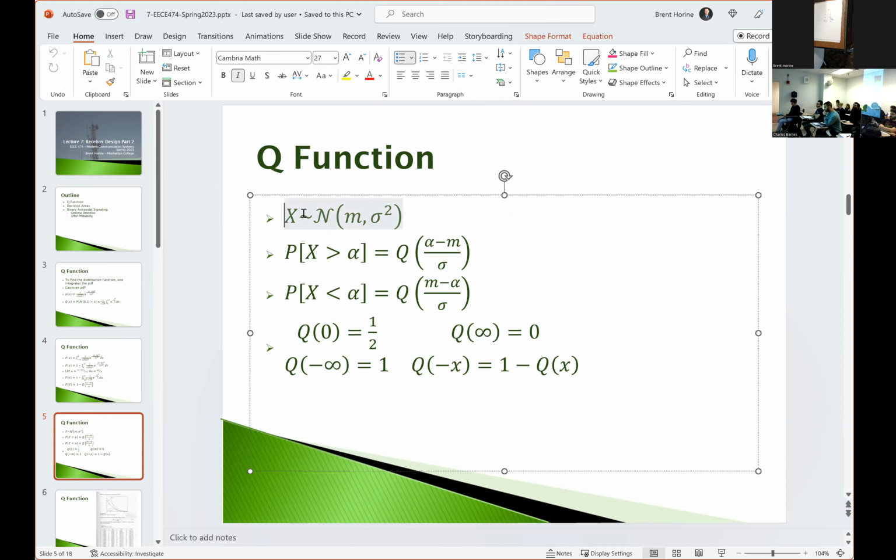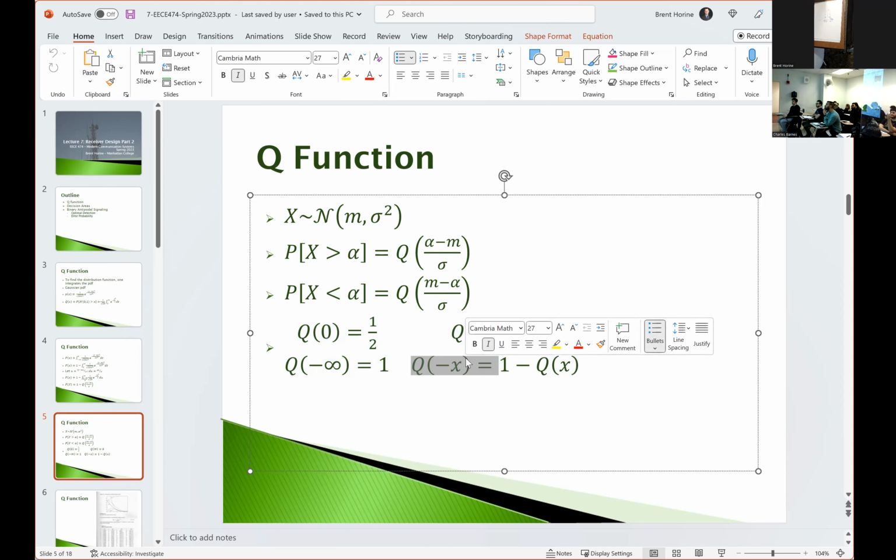So this applies when it's a normal distribution where we're defining the mean and the variance. And so the probability that x is greater than a certain alpha is this. The probability that x is less than a certain alpha is you swap the numerator, then you can use this equation.